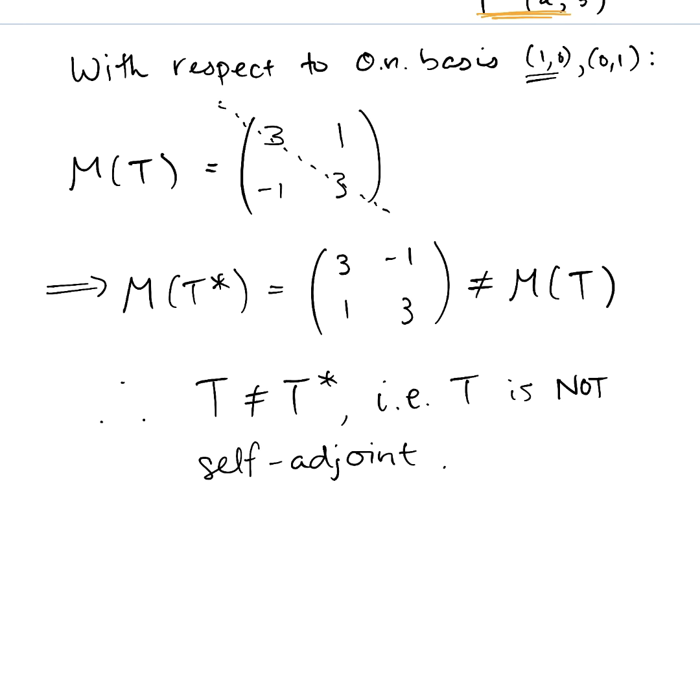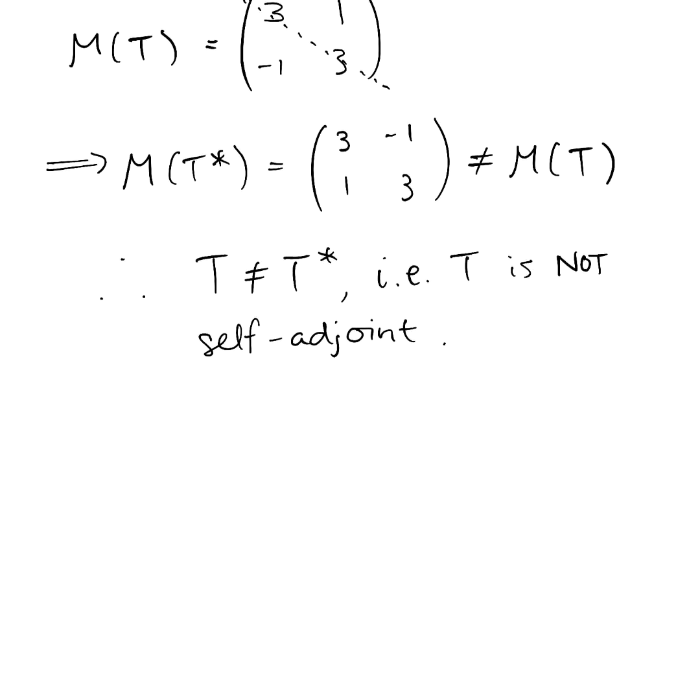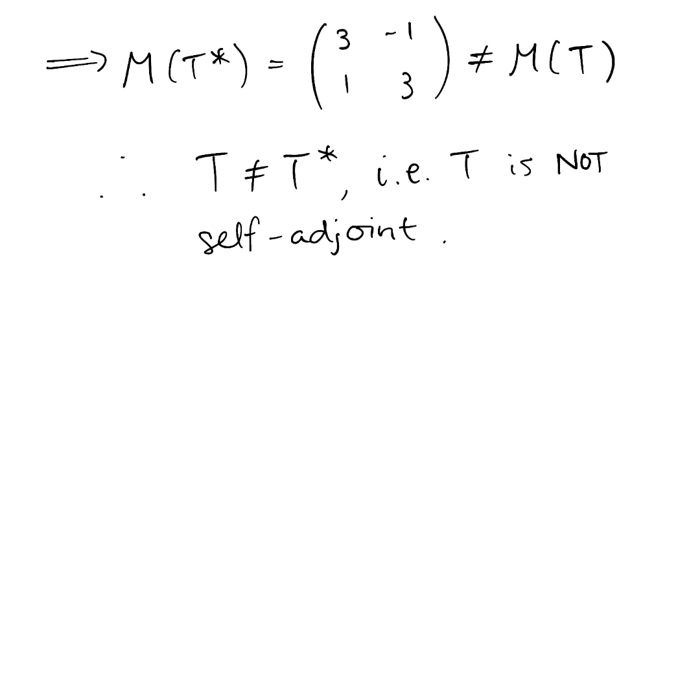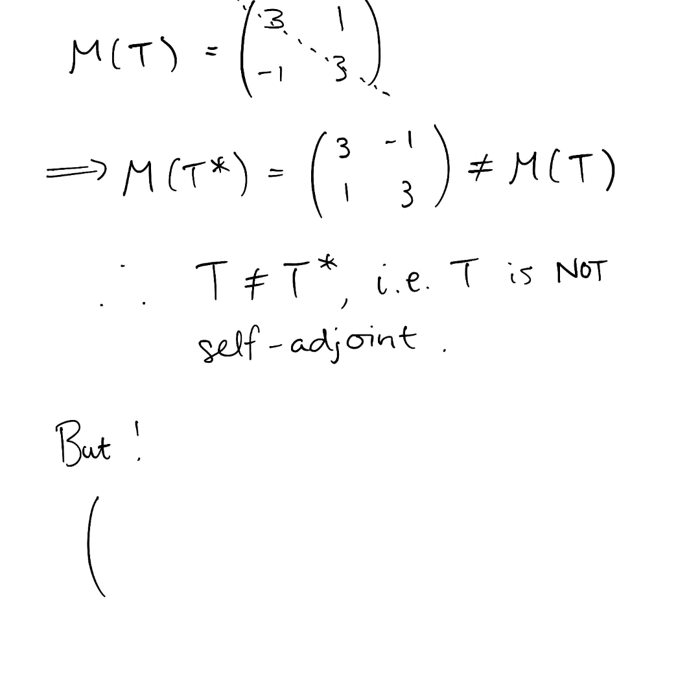Here's what's interesting, though. Check this out. If you take the matrix for T, which was 3, minus 1, 1, 3, and multiply it by the matrix for T star, which was 3, 1, minus 1, 3. Let's see what we get.